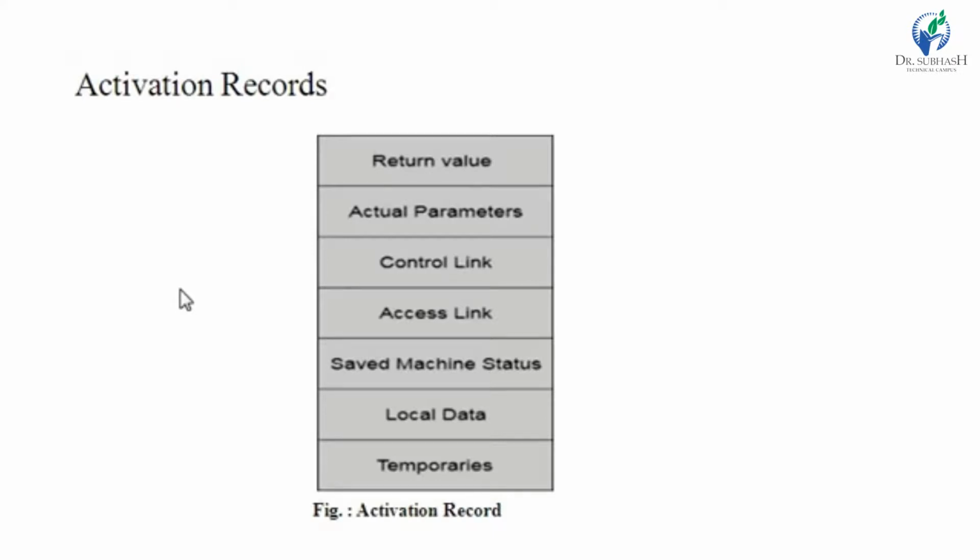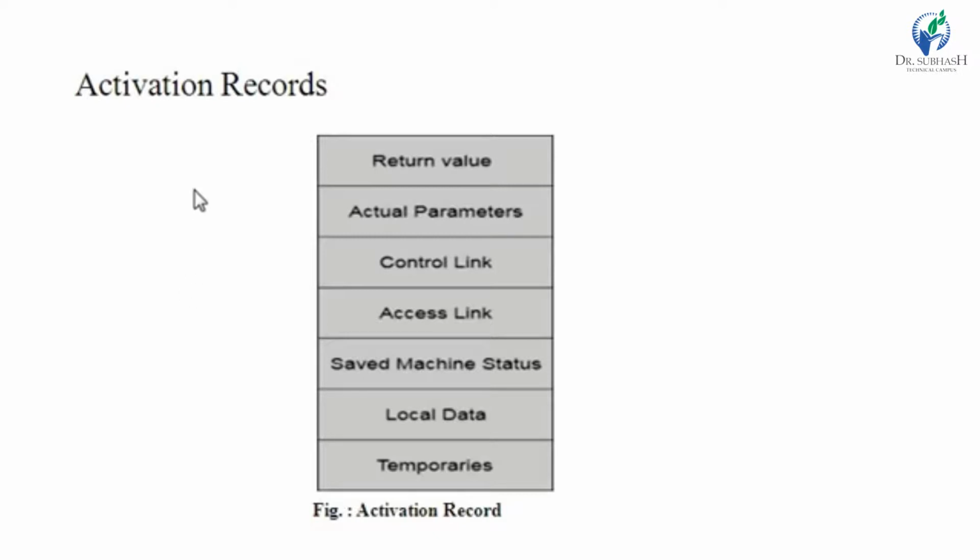So in temporary values, the temporary variables needed during the evaluation of expressions are stored in the temporary field of the activation record.